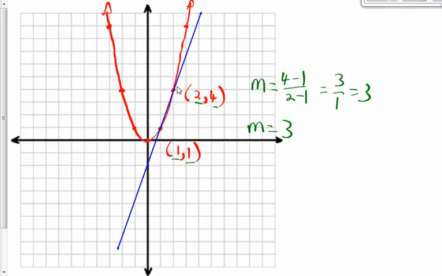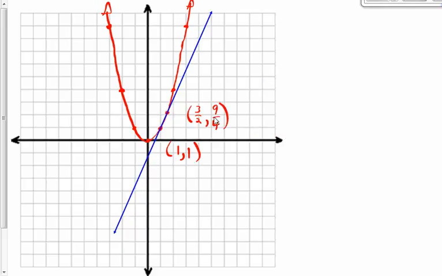All right, let's get even closer to (1, 1). Let's make this point move even closer. So here's another point. This is (1.5, 2.25). I want to find the slope of this secant line. It's going to be y2, which is 2.25, minus y1, which is 1, over x2, which is 1.5, minus x1, which is 1.